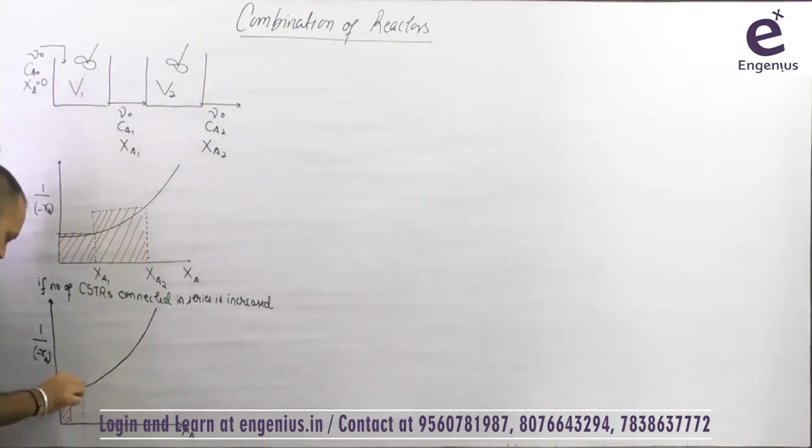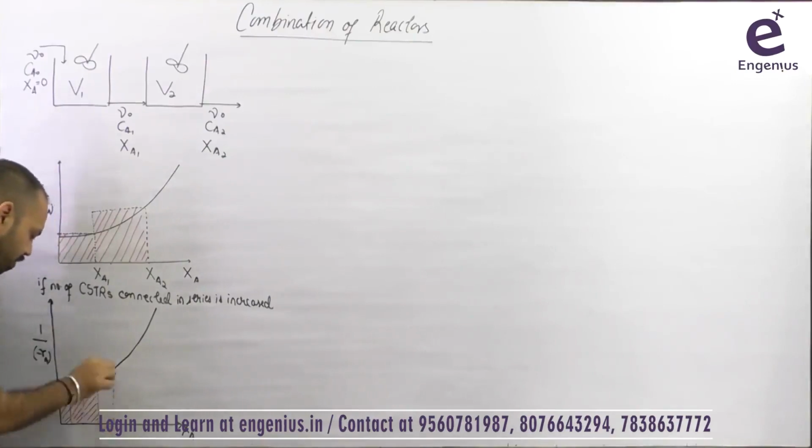This is the second rectangle, representing the second CSTR, and the third rectangle, representing the third CSTR, right? Like this, you can add a number of CSTRs and then that can be represented on the Levenspiel plot. So when the CSTRs are connected like this, that can be represented on the plot.